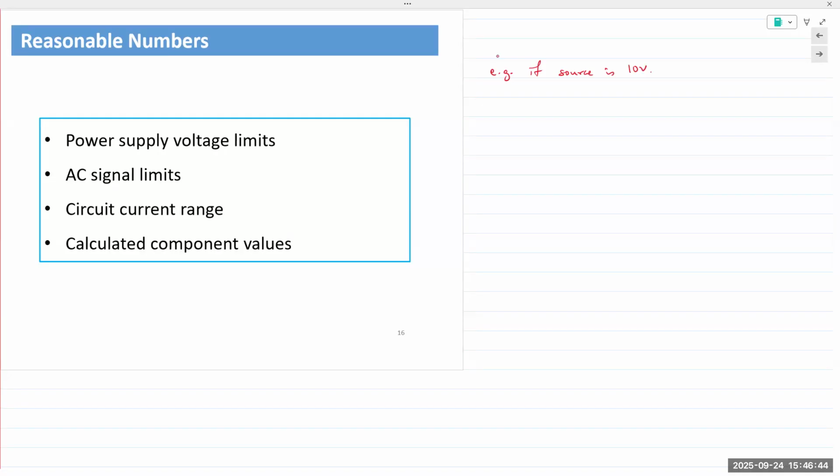That's unreasonable. So that's a quick verification and check, right? If your source, or let's say there are multiple sources in the circuit, but the highest value for any of the sources is 10 volts, no voltage anywhere in the circuit could be higher than that number.